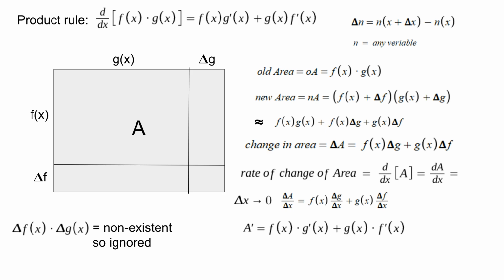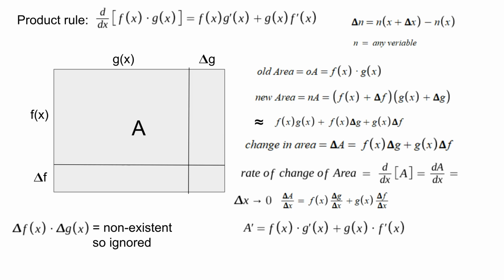If we were to increase the function and then get the difference between the old function and the new function and add that on to the sides, then we would get a new area that equals f of x plus change in f of x, all multiplied by g of x plus change in g of x.